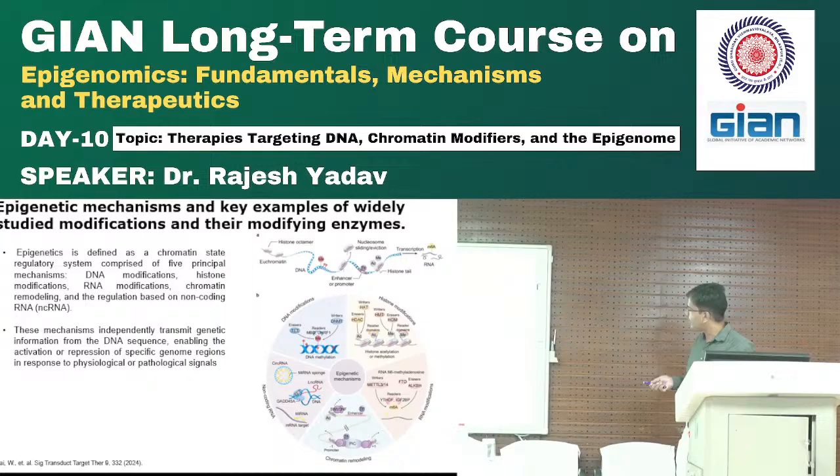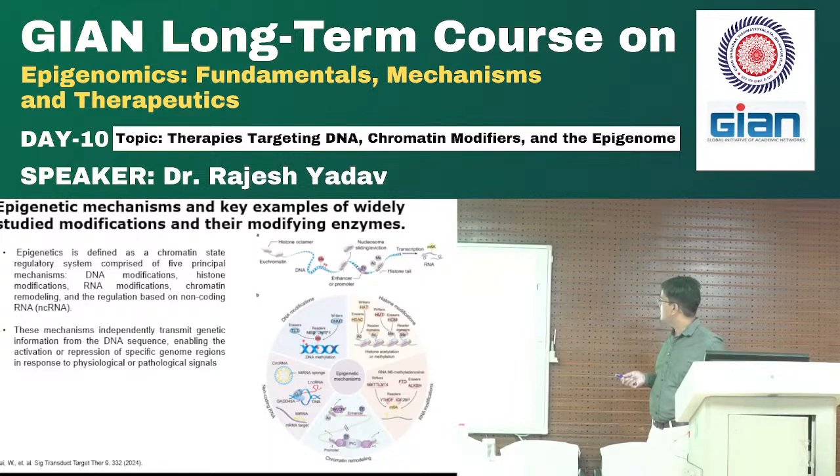I taught you a lot about DNA methylation yesterday. And then the therapy comes into the picture. So when you are thinking about therapy, you have to figure out that your epigenetic drug could target any of these pathways. Clear or not clear?